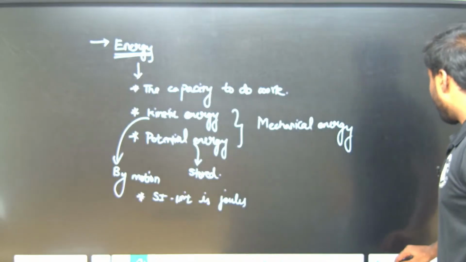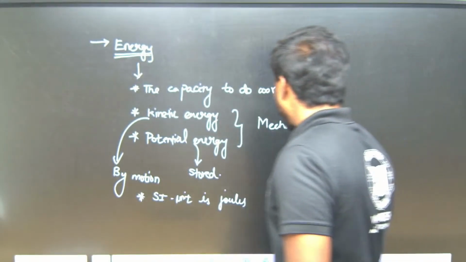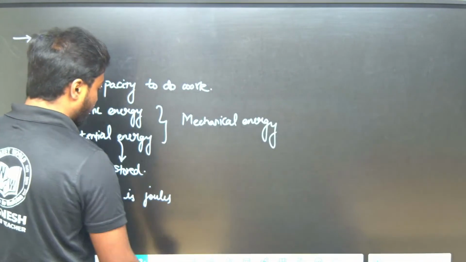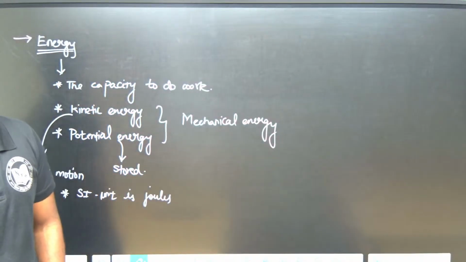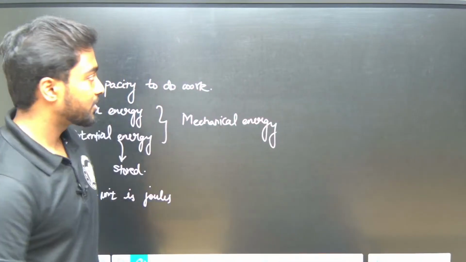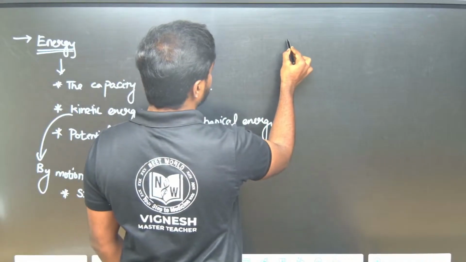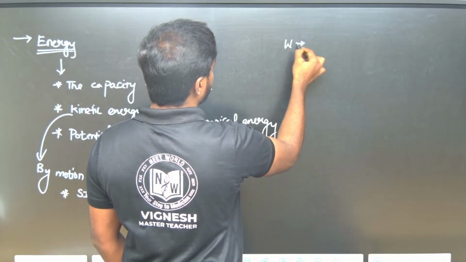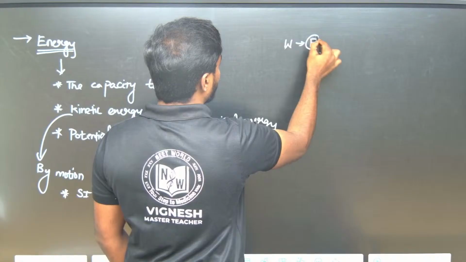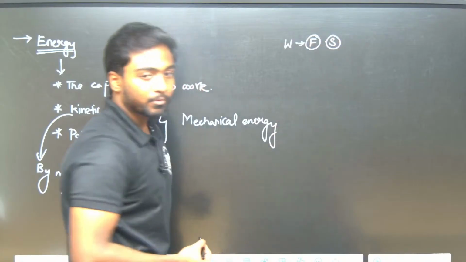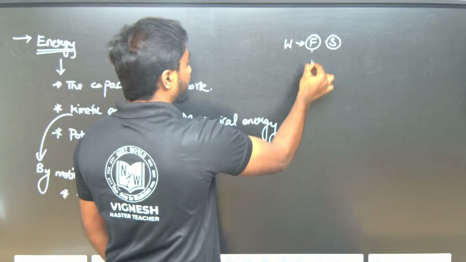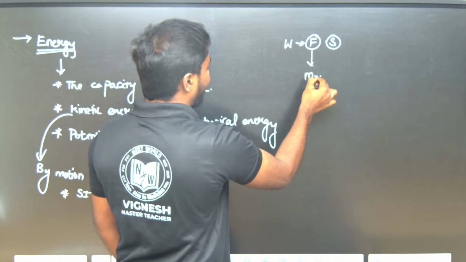Before that, when I talk about the dimensional formula, they might ask you the question: what is the dimensional formula for work done or energy? For work done, force and displacement will be there. Force is nothing but mass into acceleration.